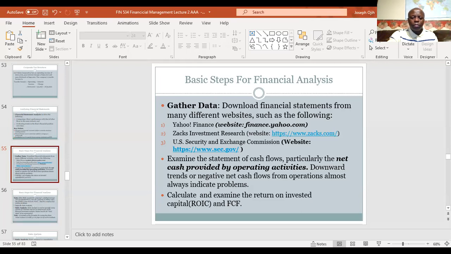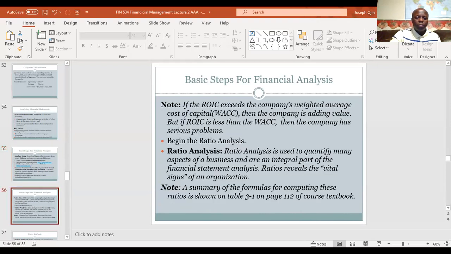Our analysis for today, like I said, will use Walmart, a real company, and the analysis will be ratio analysis. Now, what is ratio analysis? Well, a short way of saying it is that ratios tell us the vital signs of a company.